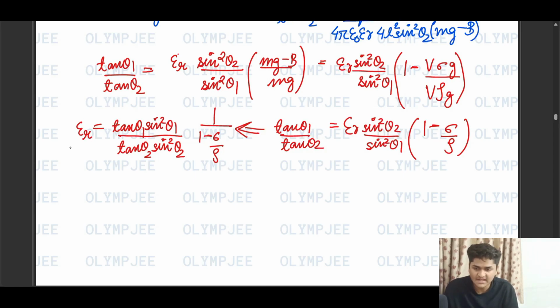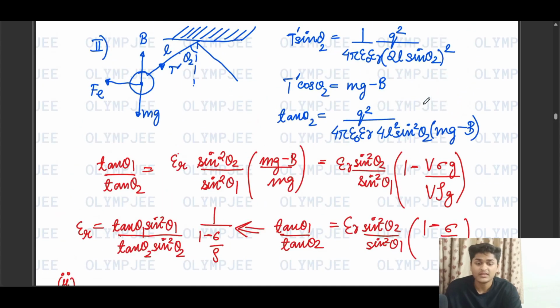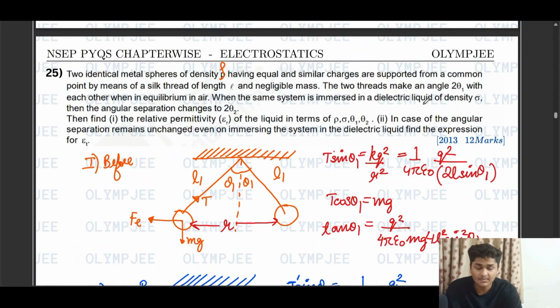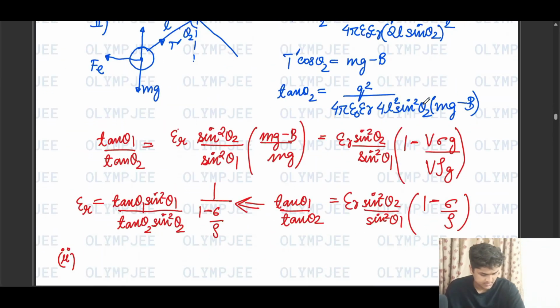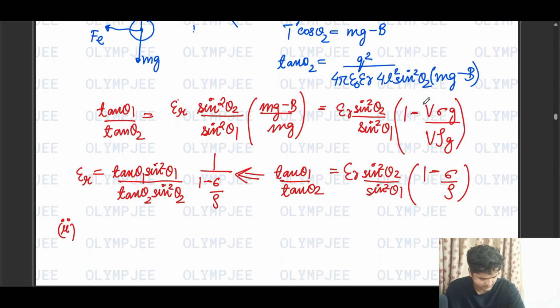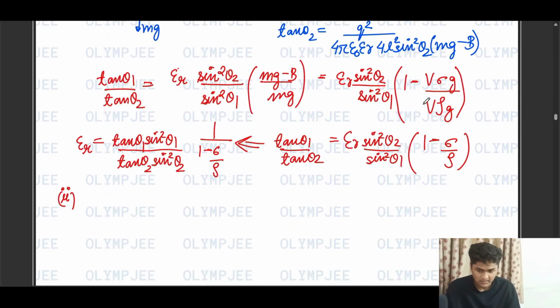Okay, so the second part says if theta 1 and theta 2 remain the same, then the relative permittivity will be equal to... If theta 1 is equal to theta 2, then these terms will get cancelled out. Then it will become epsilon r is equal to.